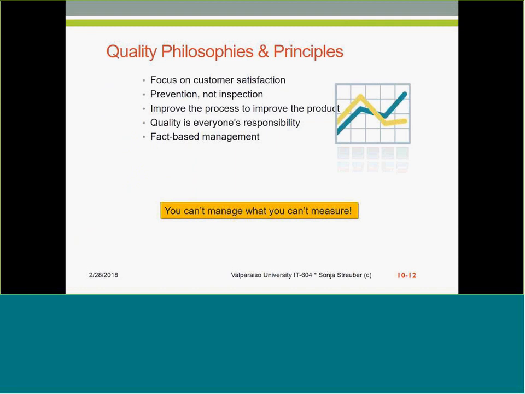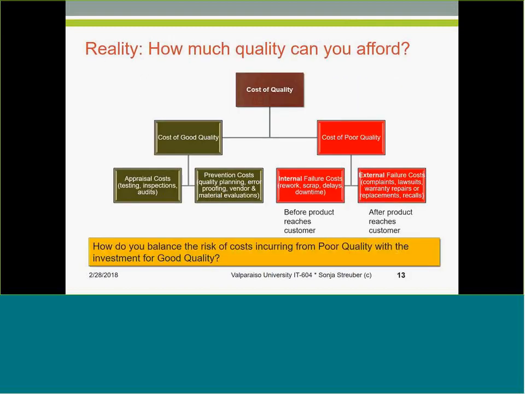So now there's a number of quality philosophies and a number of quality principles. The important thing is that we understand quality management runs on data. If we cannot capture data, if we cannot measure our progress, then we can't manage it. Again, you can't manage what you don't measure, right?